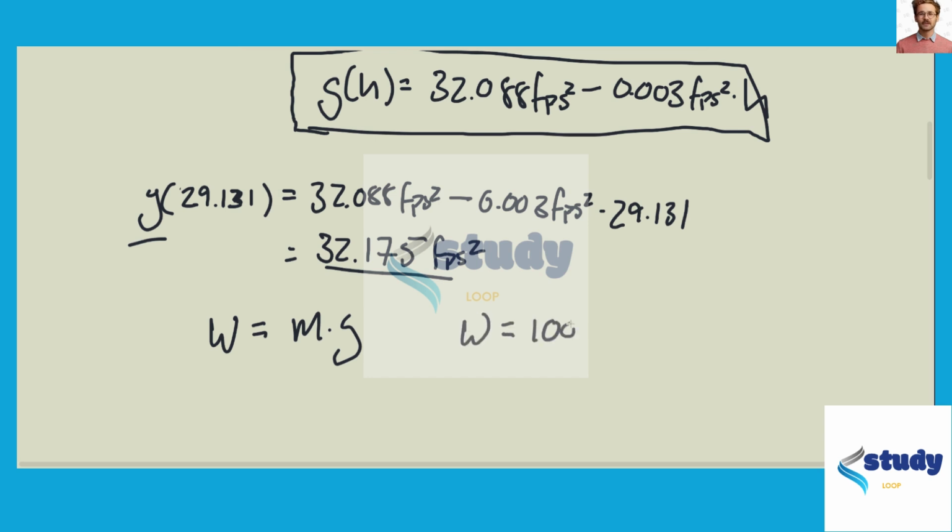So our weight is simply going to be 100 pounds times this 32.175 feet per second squared, so we'll get 3,217.5 pound foot per second squared.